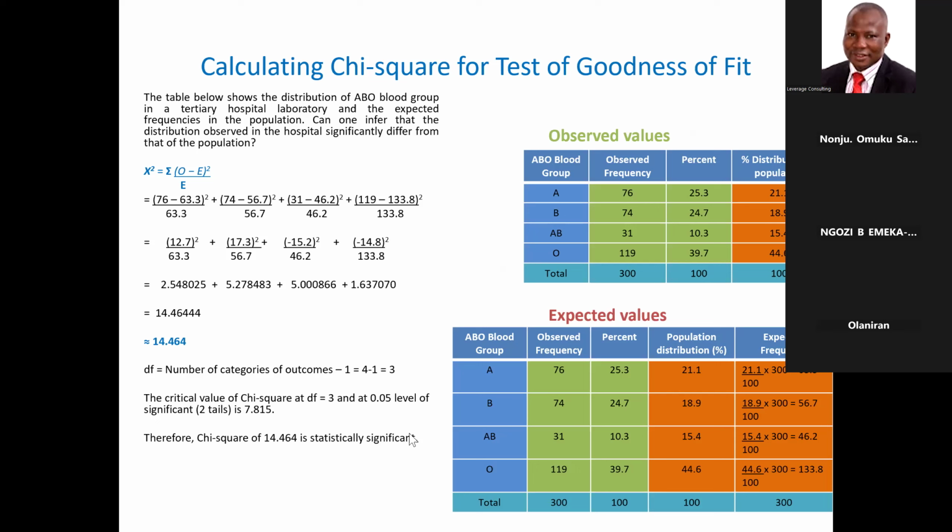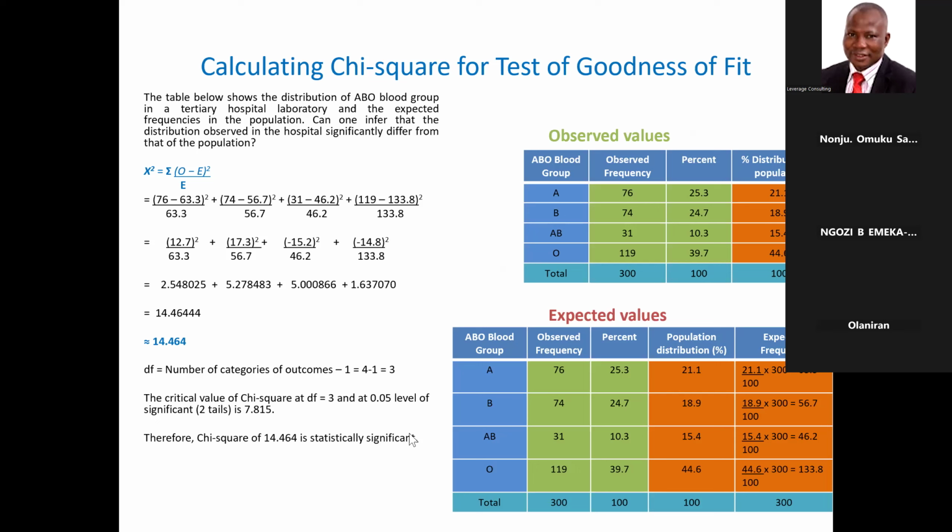So for blood group B, 18.9 over 100 times 300 gives you 56.7. For AB, 46.2. So the values you are getting are frequencies, not percentages, you know. Then O is 133.8. So now you know the observed and you know the expected.